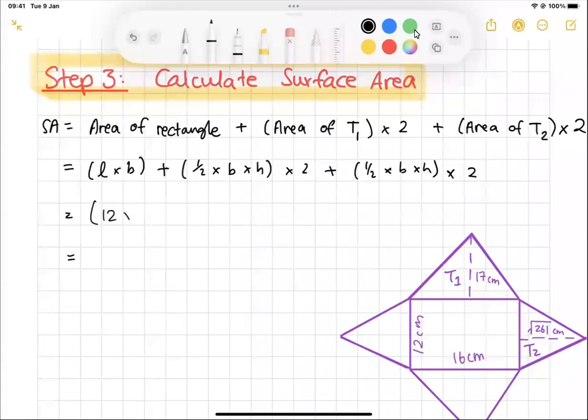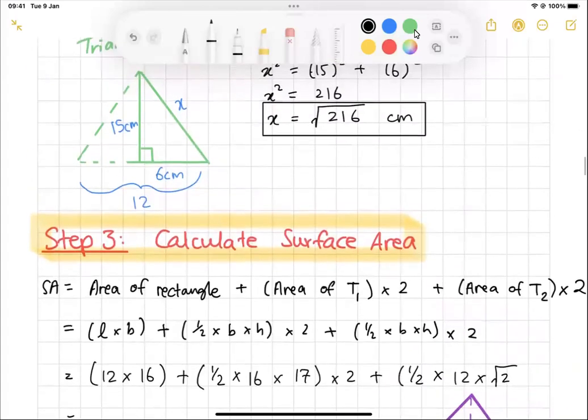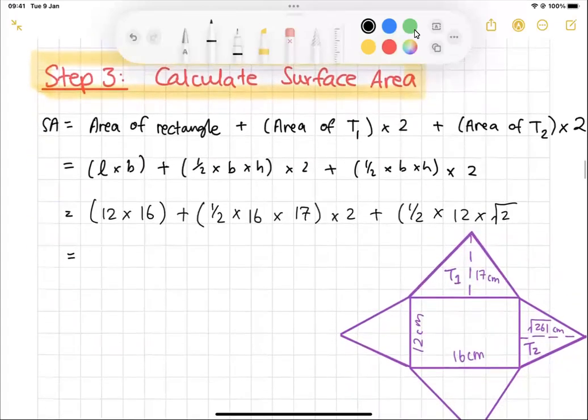The length and breadth of this rectangle is 12 times 16, plus half times the base of T1, which is 16, times the height we found as 17, times it by 2, plus half times the base, which is 12, and our height was the square root of 261.